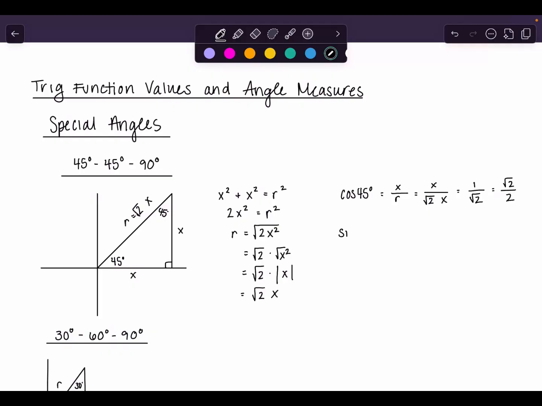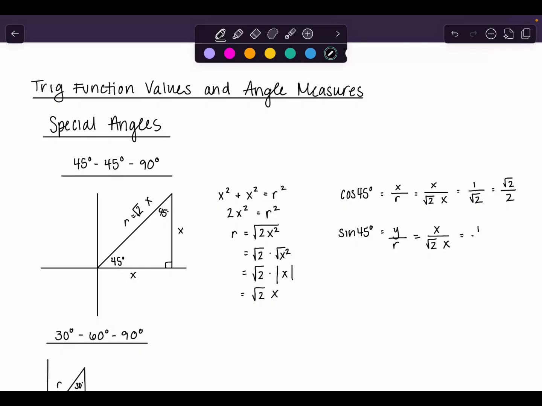Sine of 45 degrees ends up being exactly the same because the opposite and the adjacent are the same length. So the side opposite is x, and the hypotenuse is root 2 times x. But it is our y value over r, just happens to be the same as x in this case.